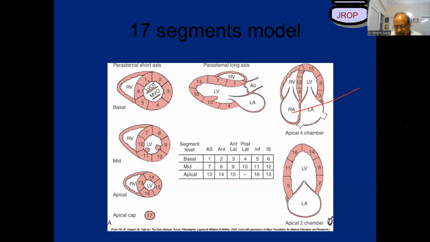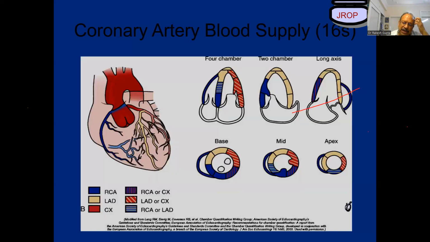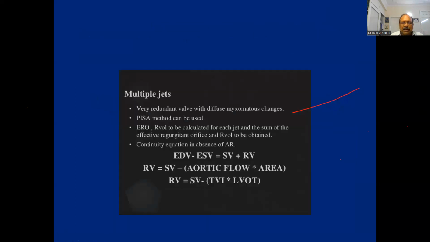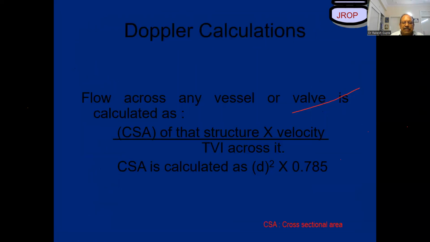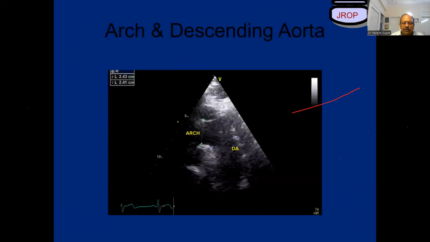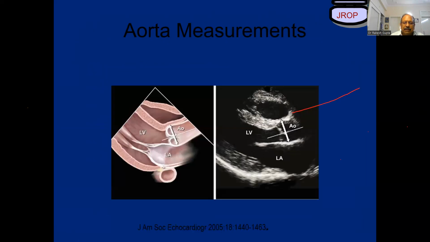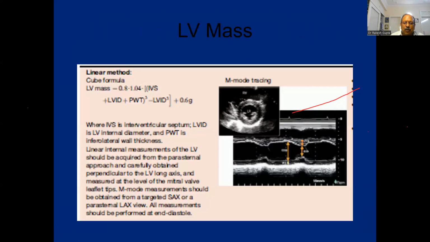What I always suggest is, if you start doing echocardiography, print this out and get it laminated for your walls. Similarly, print out the various measurements which I've told you, laminate them and paste them on your walls.